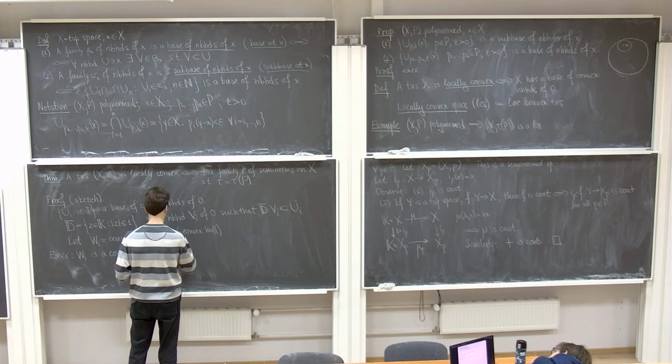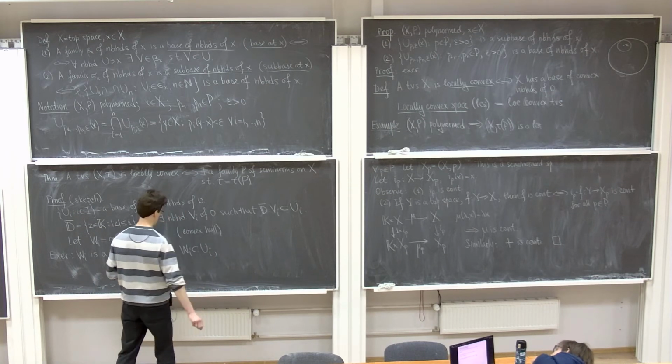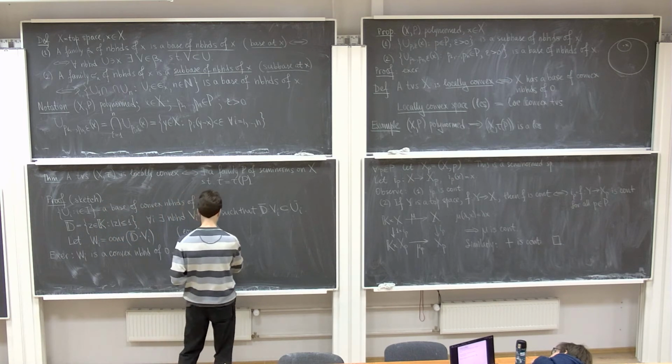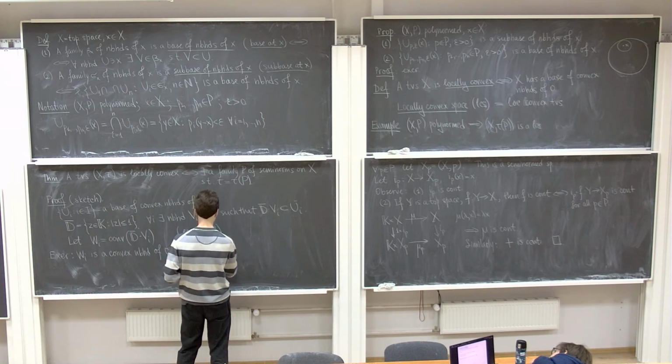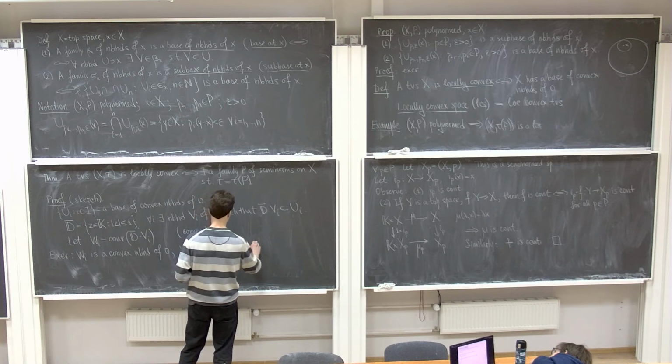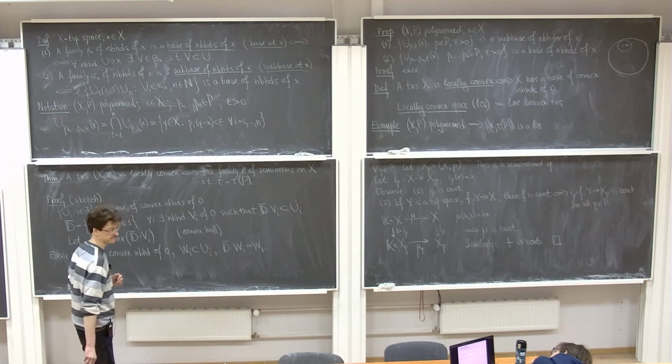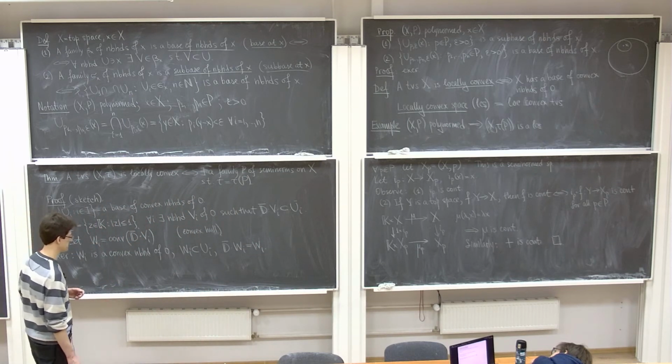By construction, it is contained in Ui, and it has the following extra property, which is useful for us. It is stable under multiplication by numbers in the disk. This is quite useful.